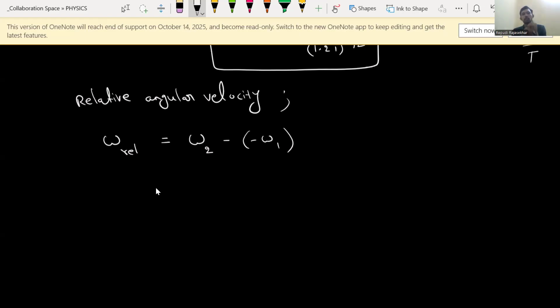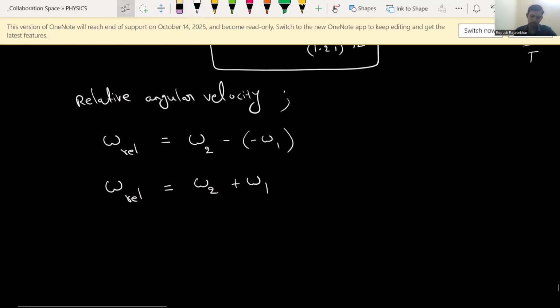Why minus of minus? Because both are rotating opposite. Actual relative velocity means we have to subtract, but one is rotating in the opposite direction. So minus of minus omega 1. So omega relative becomes omega 2 plus omega 1.